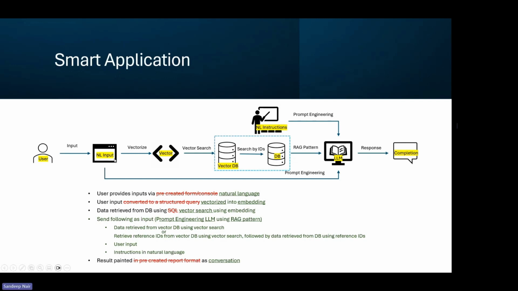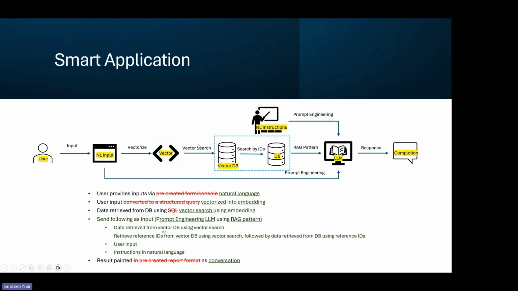So what we do here is we take the user's input, which is natural language, and we convert it into a vector. And a vector is nothing but an array of floating points. We store it, we use it to search in our database. That database uses a vector search, and that vector search would give me the items that are relatively close to this vector. And that is how I find what is relevant information.